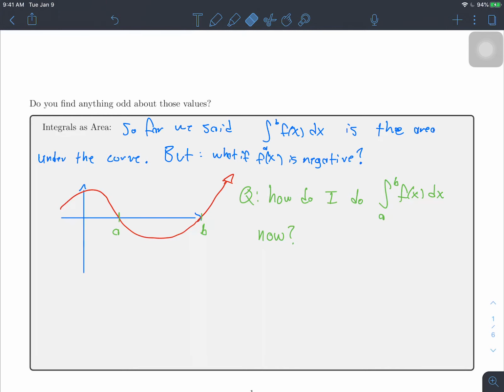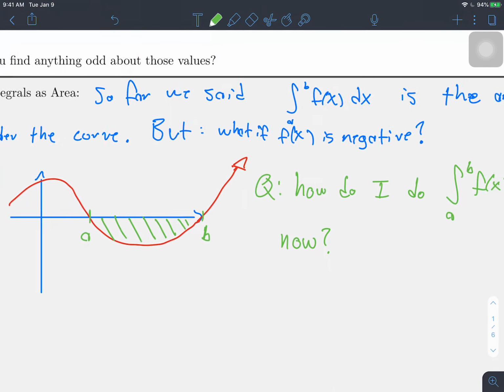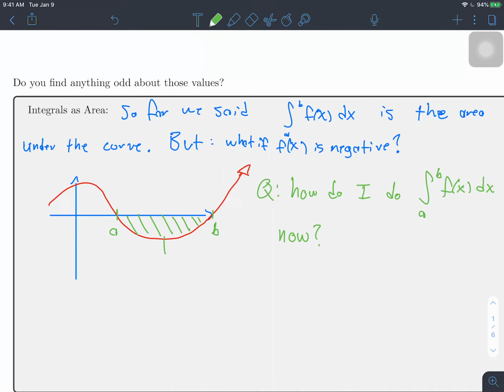Okay, so here's what we're going to do. You're really close, Yasmin. We're going to take this area here and say this has area equal to 25.